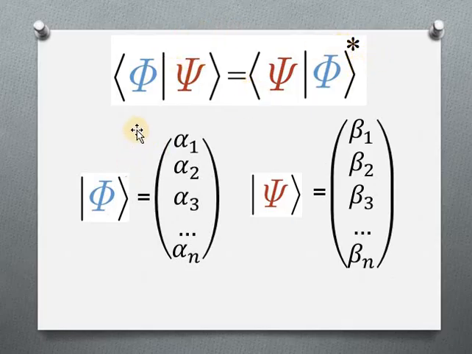If both of these vectors are real, all of the elements are real, then this star does not matter, and that is what happened in our R3, where we consider the i hat, j hat, k hat Euclidean vector space, and for that reason we had a dot b is equal to b dot a, which is not in general true for complex vectors. So this is what we noted here, that bracket phi psi is equal to bracket psi phi star. This is one of the properties of inner product that we have already noted, and this is very intuitive, but it is good to write them down once for a rule, right?